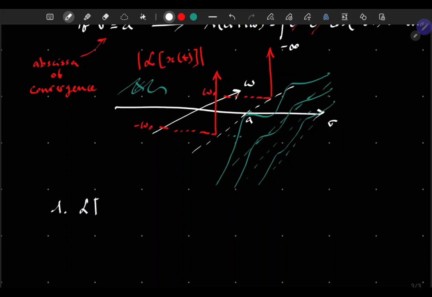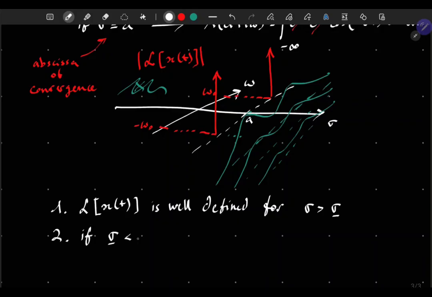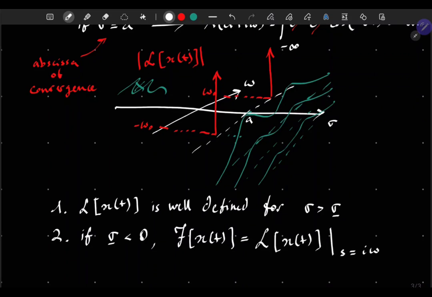So what we have is that our Laplace transform generalizes the Fourier transform to a more general class of signals. In particular, it is well defined for sigma larger than some minimum value, as we've just seen. Moreover, if this minimum value is smaller than 0, the Fourier transform is just a special case of the Laplace transform. In particular, it is just the Laplace transform evaluated at s equals i omega. And finally, we are usually interested in the points where the Laplace transform is either 0 or infinite.